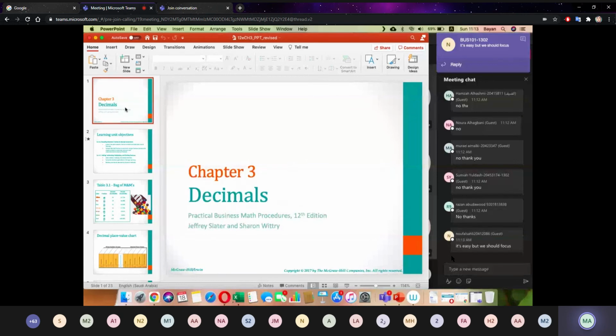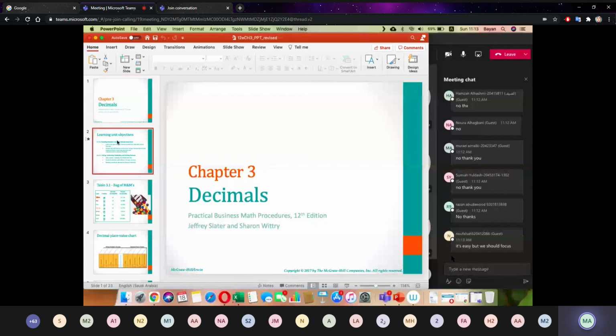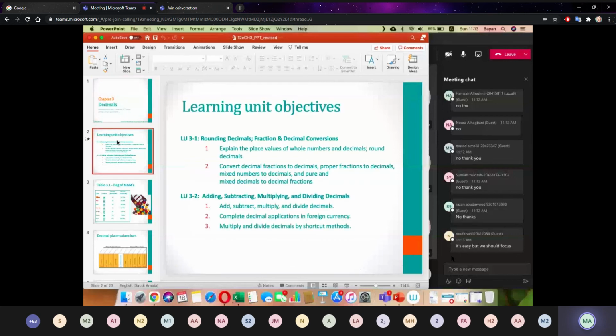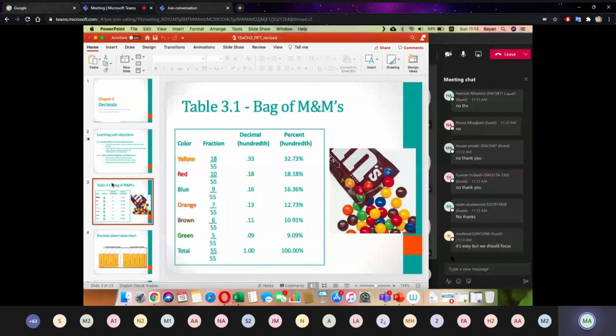In chapter 3, we'll talk about decimals here. So, what you should learn? We're going to learn rounding decimals, fraction and decimal conversion. We're going to add, subtract, multiply, and divide decimals. First thing, here we have the bag of M&Ms. Here give you the colors of M&Ms.